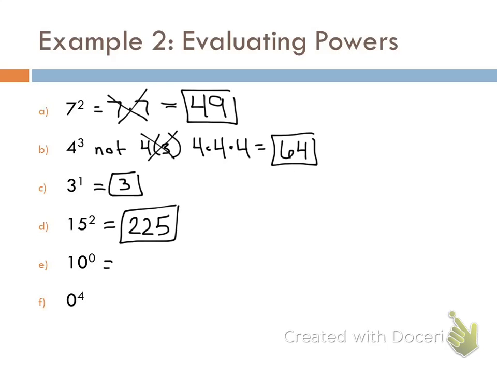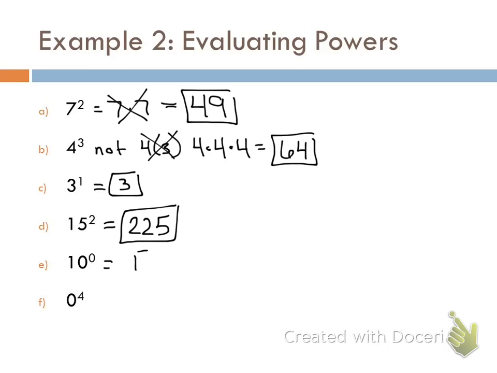It would be 1. Any number raised to the power of 0 is always 1. Put it in your calculator. 10, where's my raised button? 10 to the 0 power is 1. The raised button is the little caret-looking thing on your calculator.